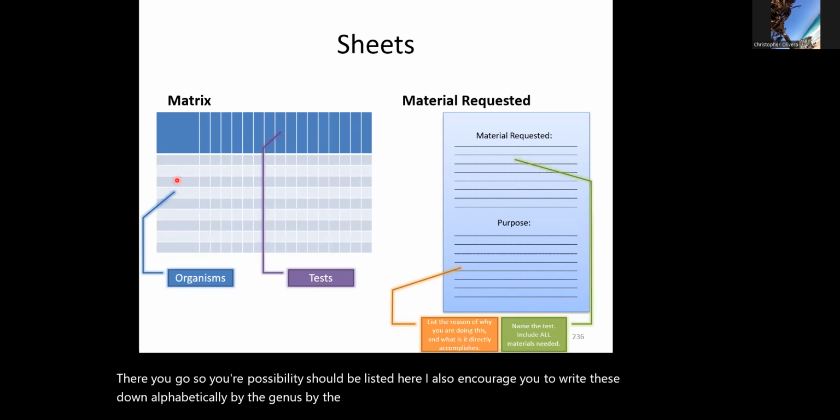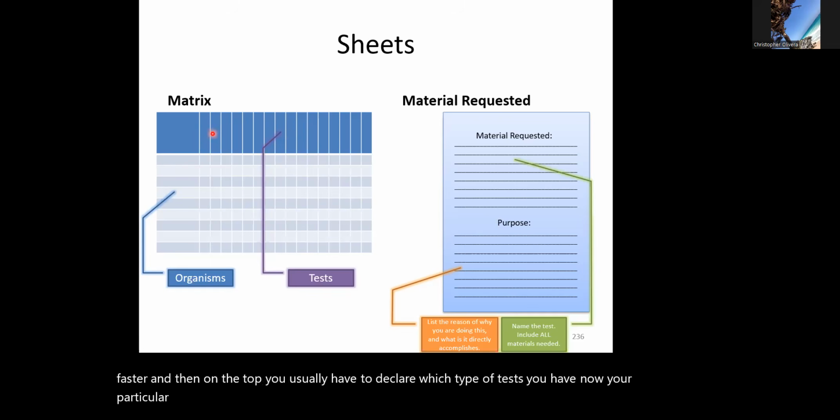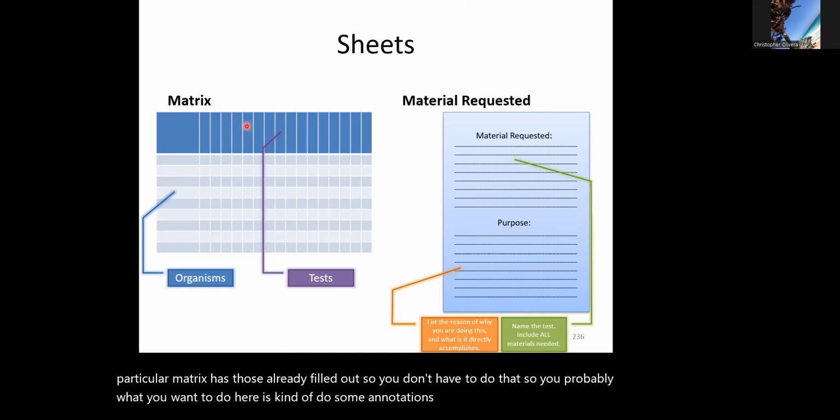That way they can be traced a little bit faster. And then on the top, you usually have to declare which type of tests you have. Now, your particular matrix has those already filled out, so you don't have to do that, right? So what you want to do here is do some annotations on how long this takes, what type of test, what type of medium, that kind of stuff. You can put it up here too, right?